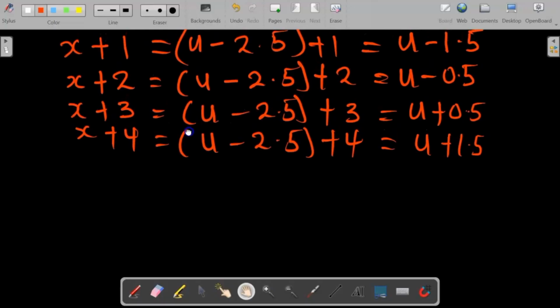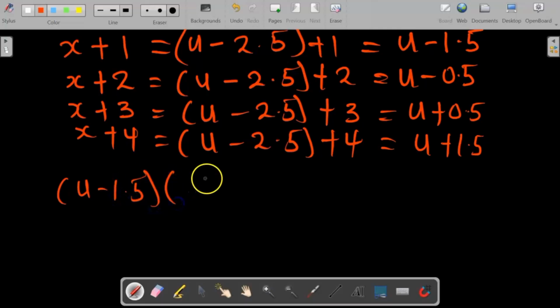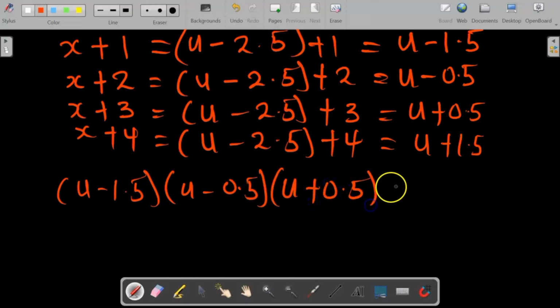Note, x plus 1 is u minus 1.5, x plus 2 is u minus 0.5, x plus 3 is u plus 0.5, x plus 4 is u plus 1.5.